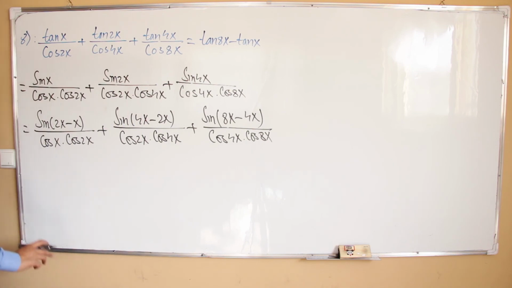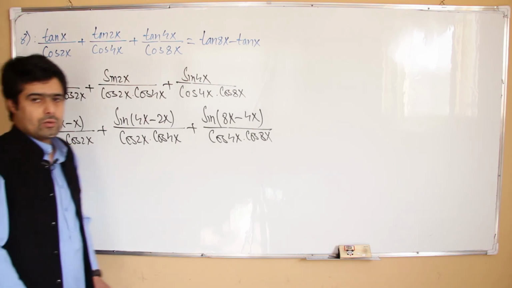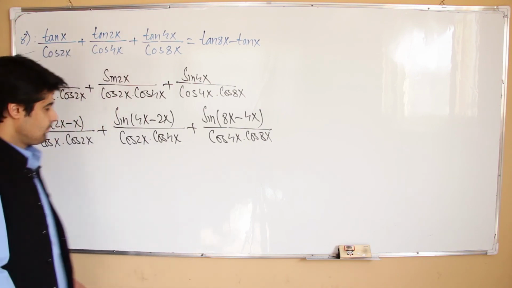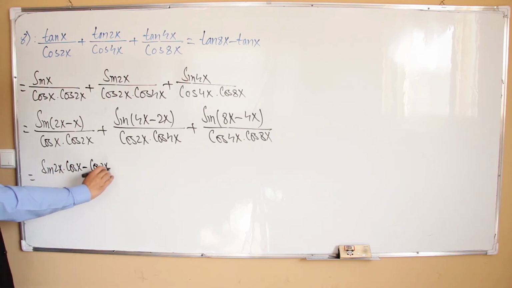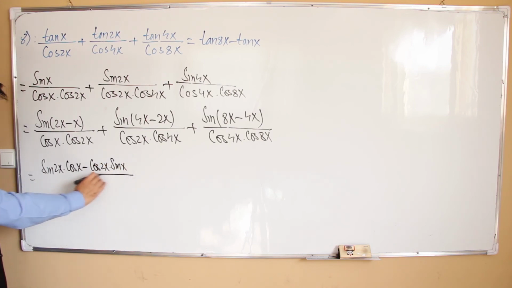Now this one looks like sine alpha minus beta. Sine alpha minus beta, I think this is sine cosine minus cosine sine. Am I right? Yes. Sine 2x cosine x minus cosine 2x sine x divided by this one.